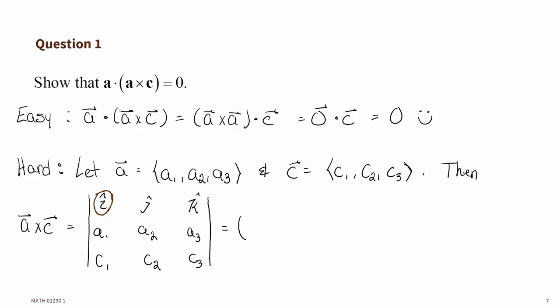We're looking for the I component first, the I hat. So you cross off the row and column that it's located in. The result is a 2x2 matrix. Find its determinant. Determinant of 2x2 is very easy.